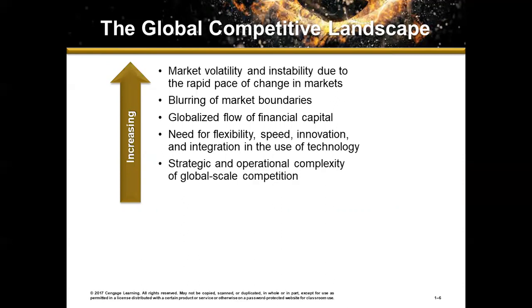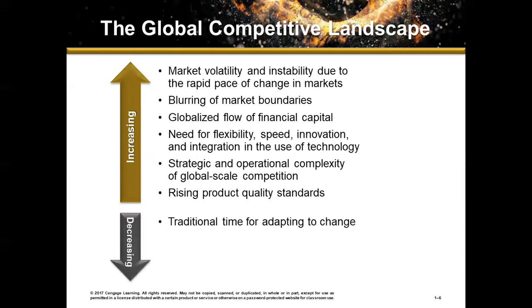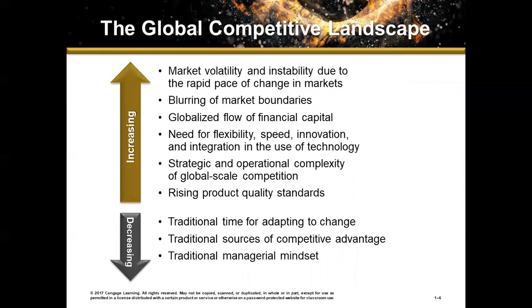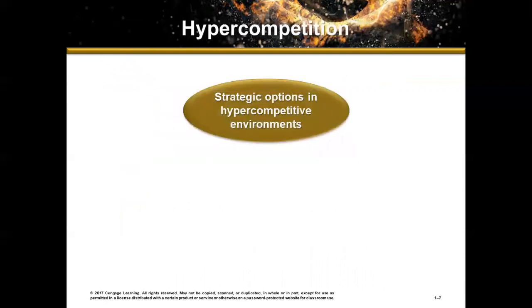There's also an increase of strategic and operational complexity of global scale competition. Rising product quality standards are also evident in this global competitive landscape. While there's a decrease of traditional time for adapting to change, there's also a decrease in the traditional sources of competitive advantage and the traditional managerial mindset.